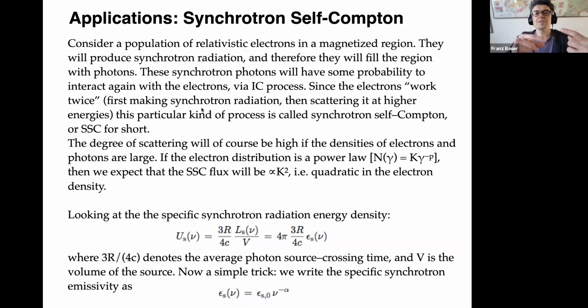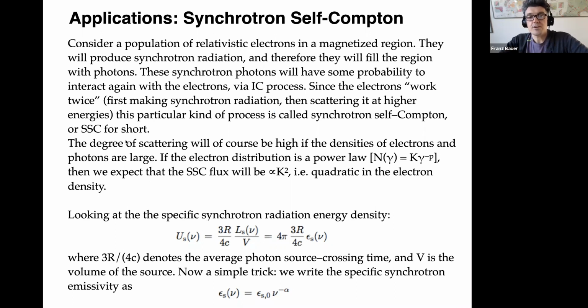And so what happens is you can have some probability that once you created the photon by the electron, an adjacent one might be able to upscatter it again. And so in general, basically what you can think about is that the electrons are doing twice the amount of work. They're creating the photons, and then they're transferring some more energy to the photons via inverse Compton. And so this sort of process is called synchrotron self-Compton, or SSC.